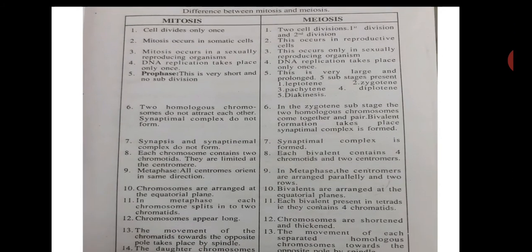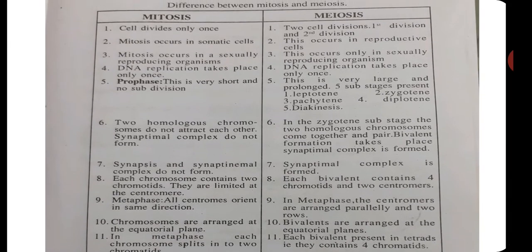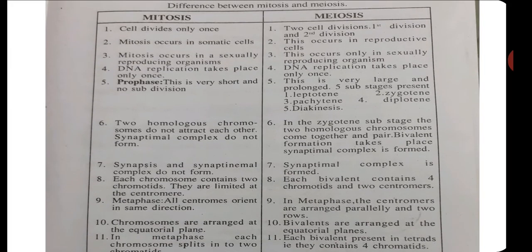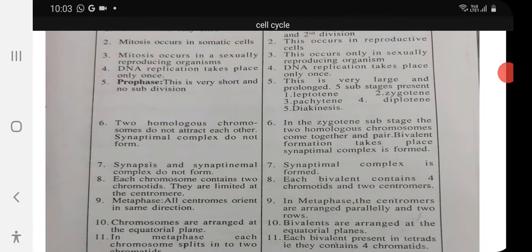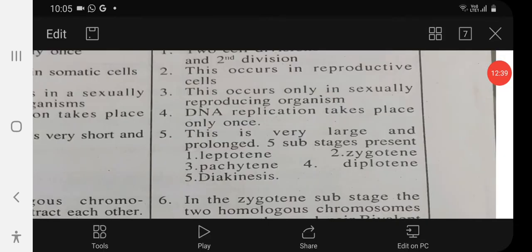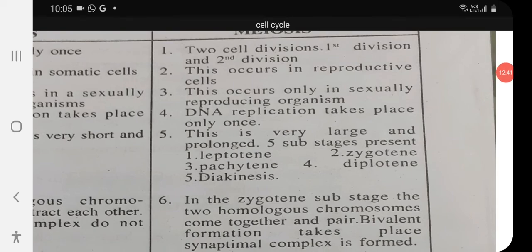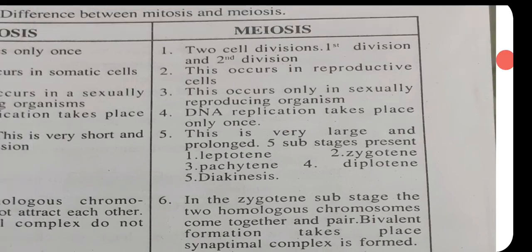So in mitosis, the cell divides only once. In meiosis, the cell divides two times, especially the nucleus divides two times. In meiosis, two cell divisions, that means the nucleus divides two times.